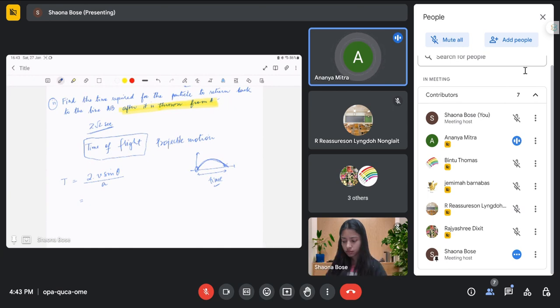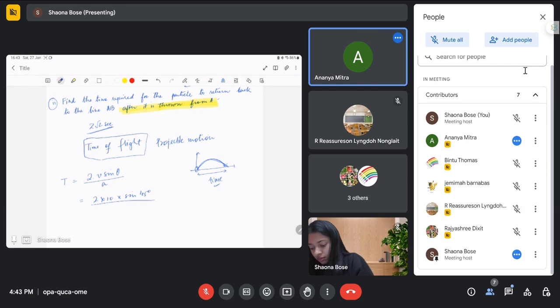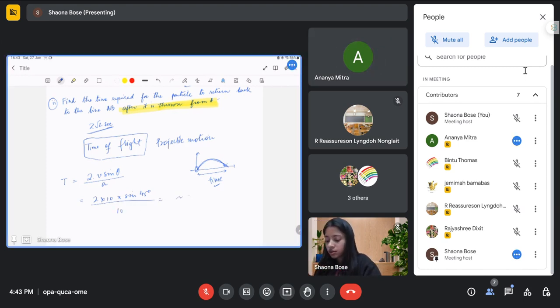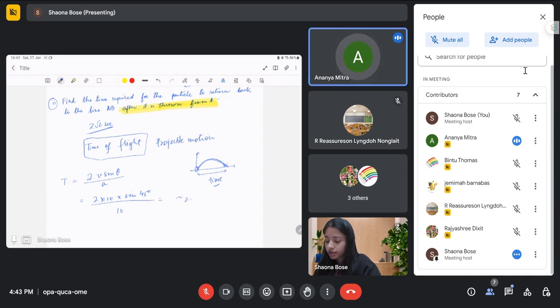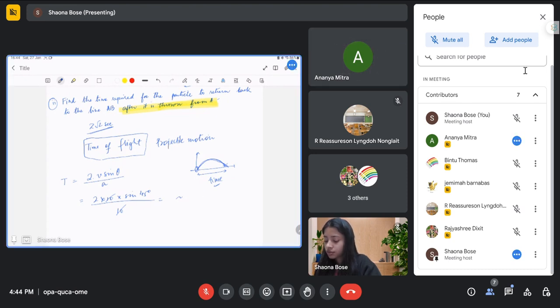Two into v, 2 into 20, into sine 45, divided by 10. So what did you get? 10 cancels out, 2 into 1 by root 2. It's root 2. According to me, it comes out to be root 2 second.